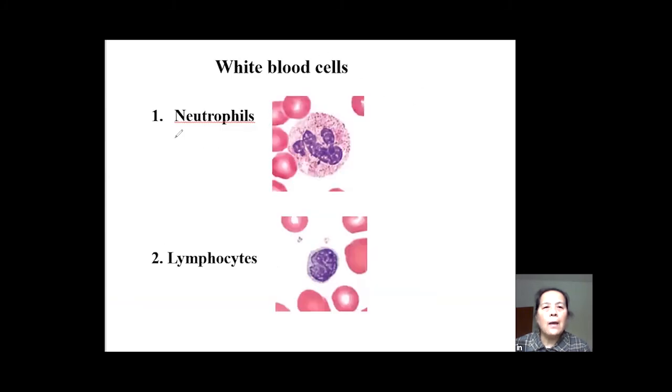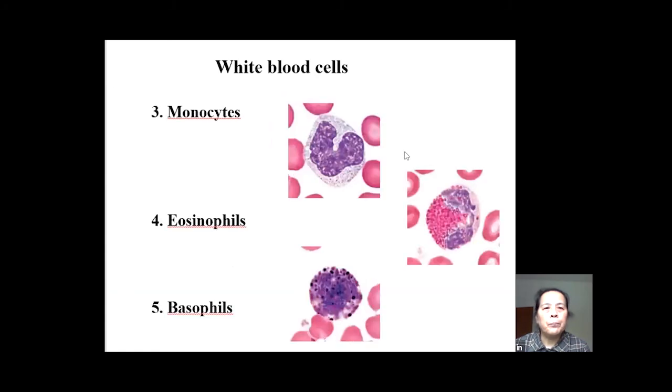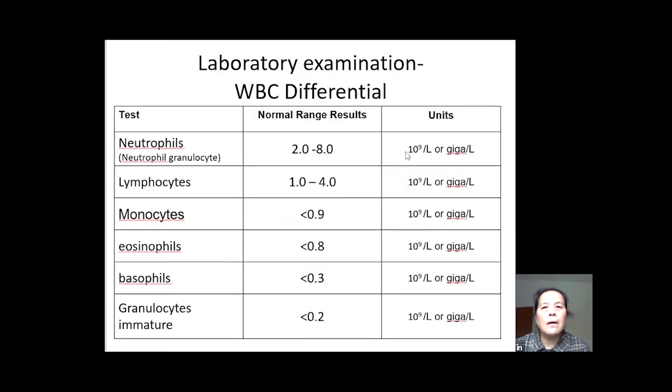So here are the 5 different types of white blood cells, what they look like and their sizes compared. Then we look at the numbers here.